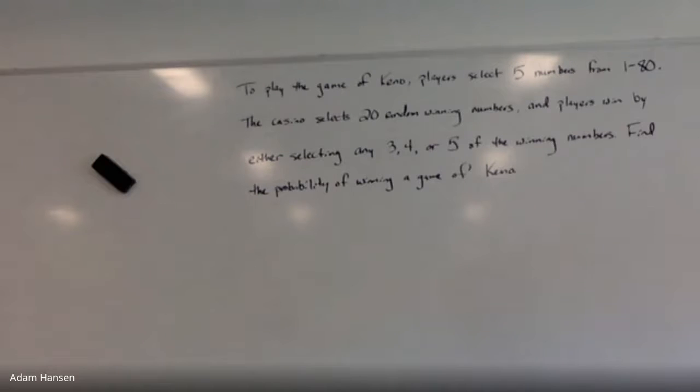You want to match 3, 4, or 5 of those winning numbers. If you get 3 numbers correct, you win some money. If you get 4 numbers correct, you win more money. If all 5 of your numbers are correct, you hit the jackpot. You win the most money. What's the chance that you're going to win at least something, winning a game of Keno?